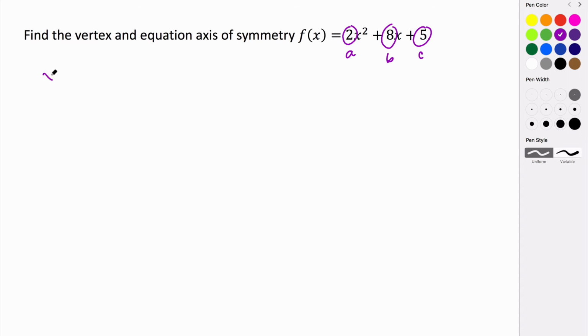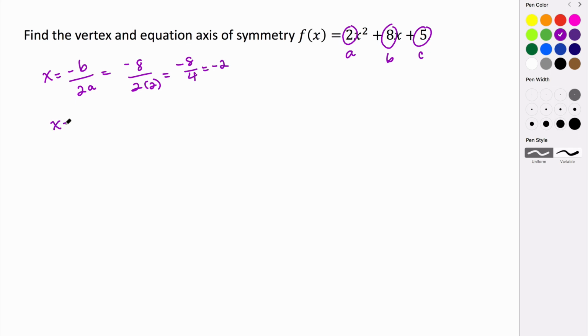We know that it's x equals the opposite of b over 2 times a. So it's going to be a vertical line. We're going to substitute the values of b and a into this equation. So it's the opposite of 8 over 2 times 2, which is negative 8 over 4, which gives us negative 2.